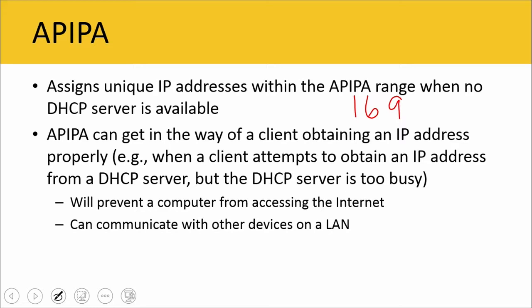So when a client attempts to obtain an IP address, the DHCP server might be too busy, or some other issues might come up. And so it will prevent a computer from accessing the internet if you have one of those addresses. But the good news is that you can use it to access and communicate with other devices on your local area network.